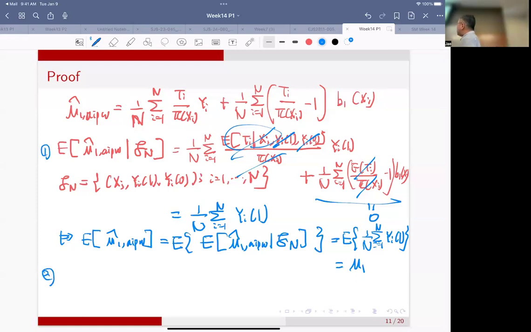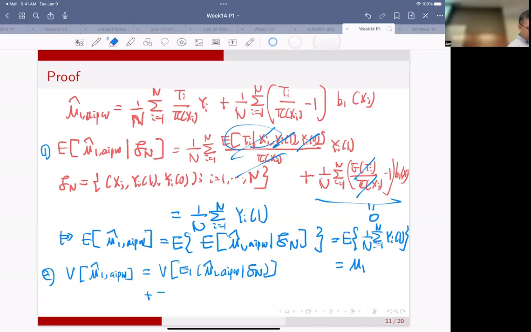After that, we want to compute the variance. And then the same thing.